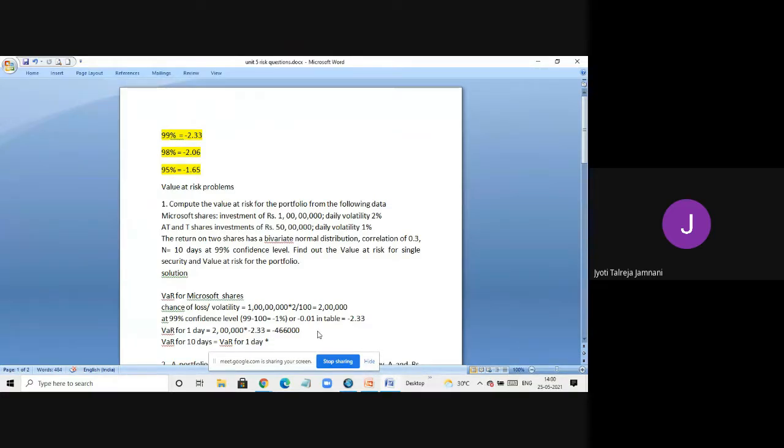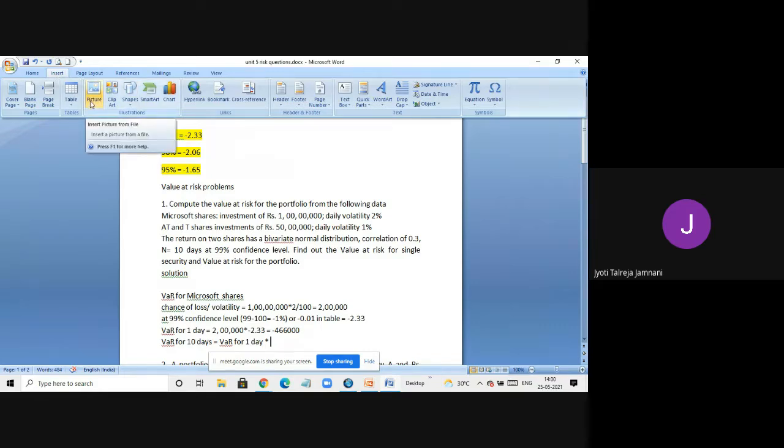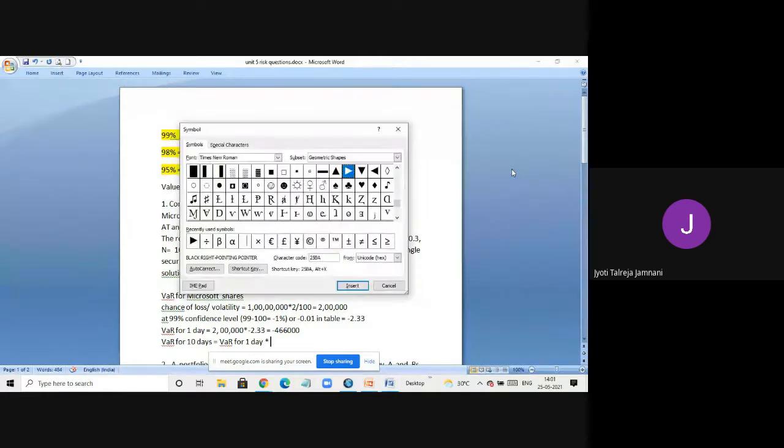Square root sign. Just a second, I'll check if I can find that sign. It's good because later when you refer, you can.